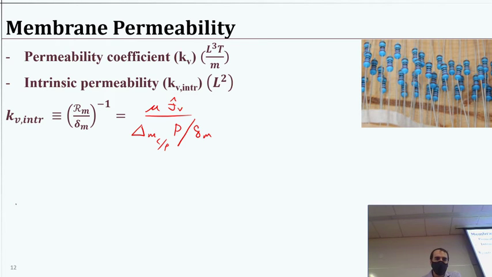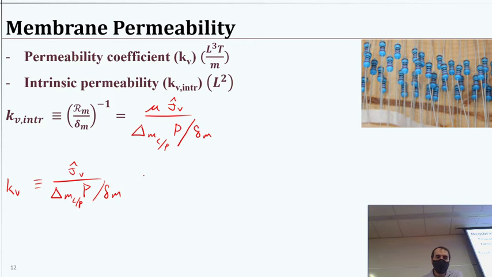We can also say that our permeability coefficient, Kv, is equivalent to the flux divided by the pressure difference, essentially the same setup here without the viscosity term, divided by the thickness.